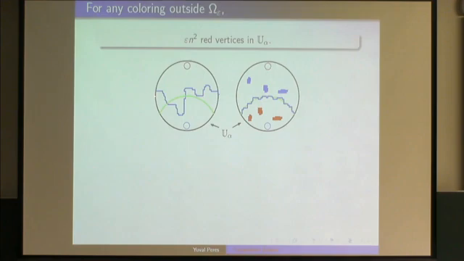So remember, we assume we are outside omega epsilon, so we have a large fraction, say, of blue particles in the red region. What could cause this? One possibility is that this blue interface is very far from these hyperbolic geodesics. It doesn't correspond to any hyperbolic geodesic.